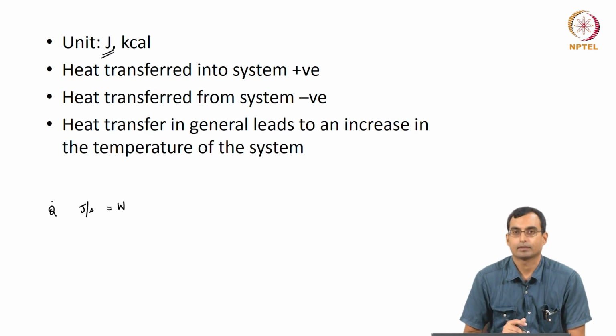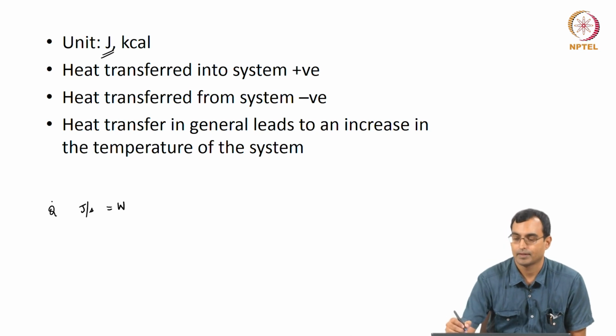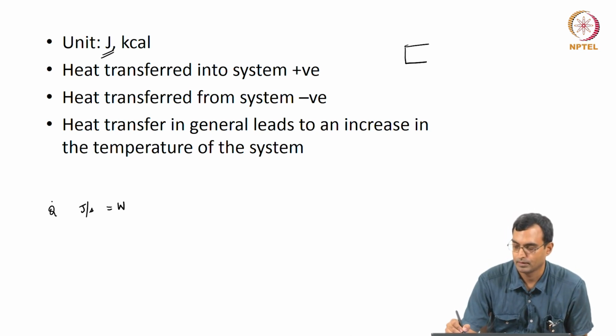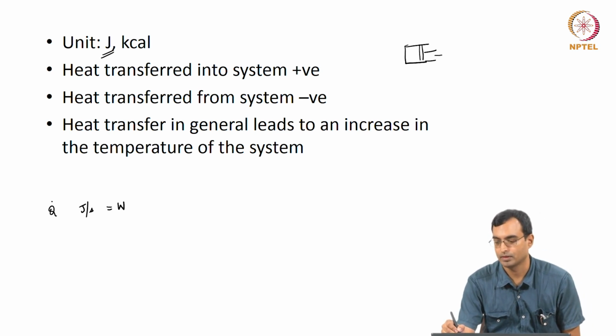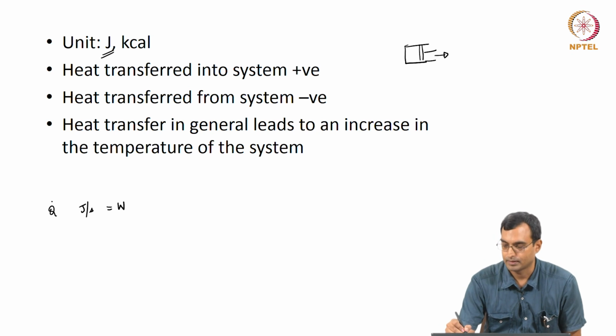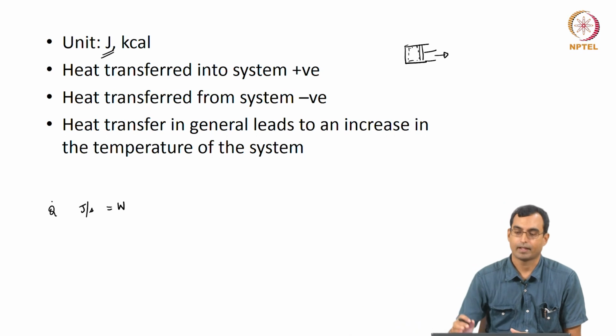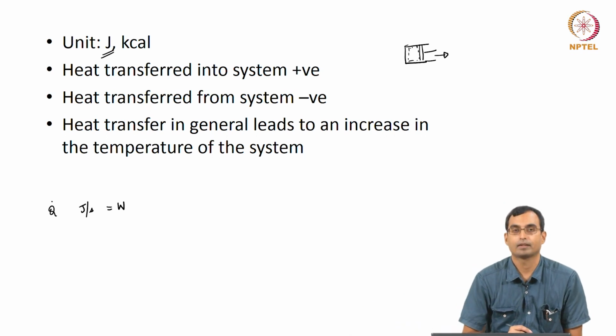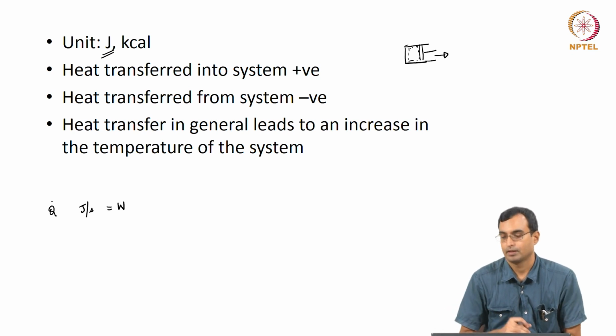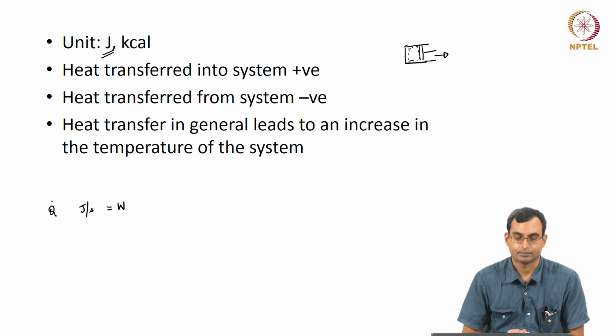When discussing work, we discussed the convention for our course. We said that if you have a system and the system does work, which would happen for example here when this piston moves, if this is our system and it expands and the piston moves to the right, the work interaction for the system would be positive, and the work interaction for the surroundings would be negative. So, when the system does work, the work interaction is considered positive.